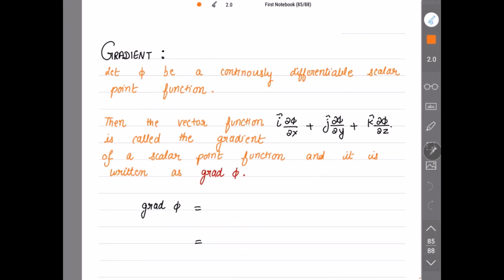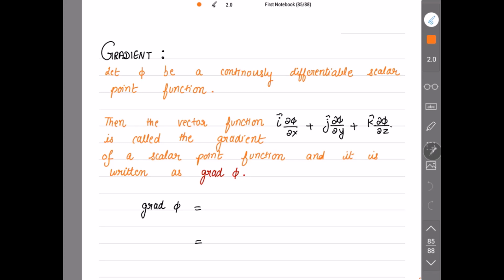Now I am going to define this new vector, gradient. For gradient, let phi be a continuously differentiable scalar point function. Then the vector function i del phi by del x plus j del phi by del y plus k del phi by del z is called the gradient of a scalar point function, and it is written as grad phi.